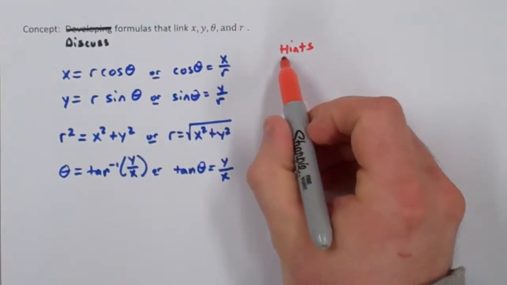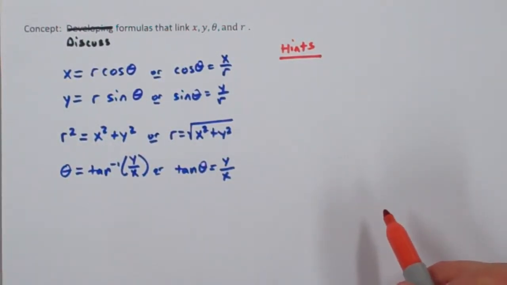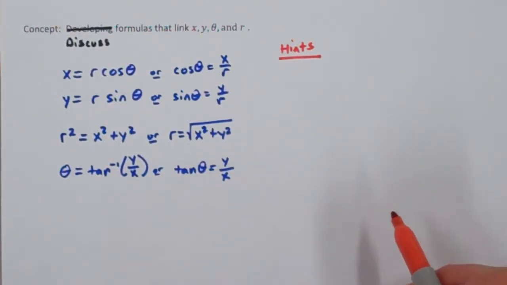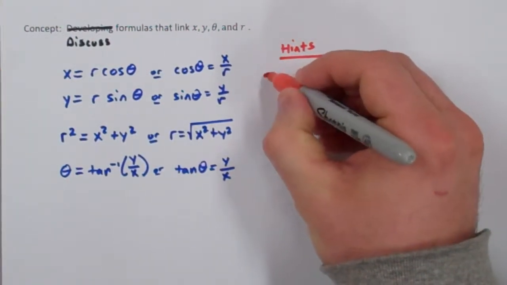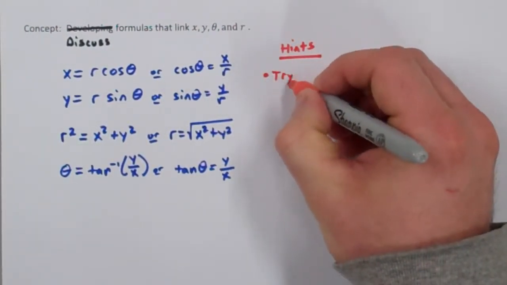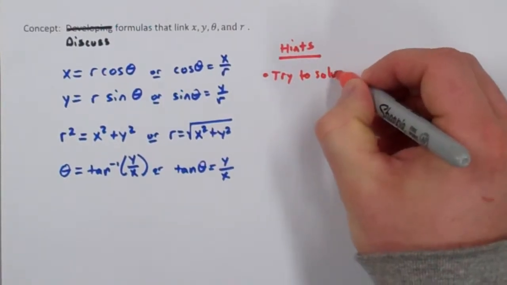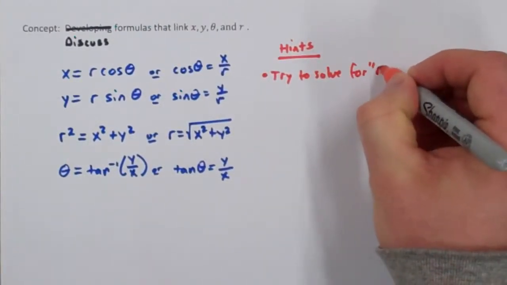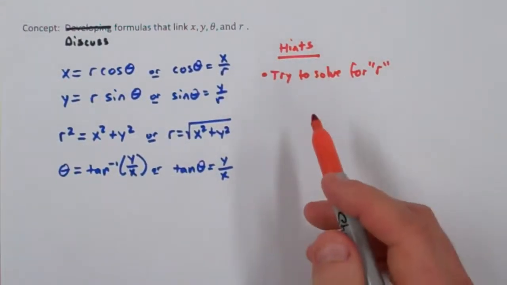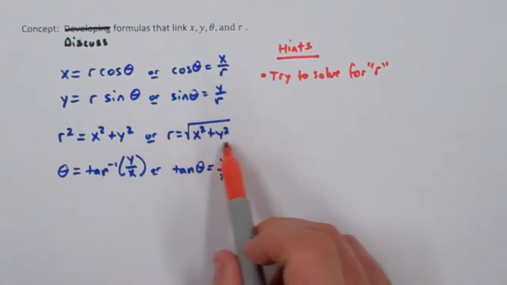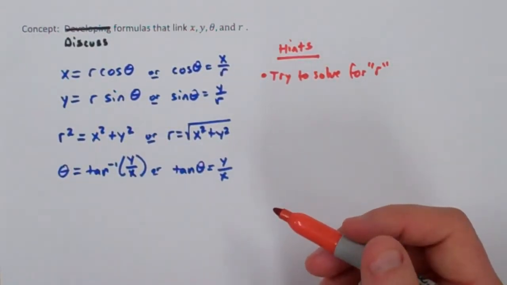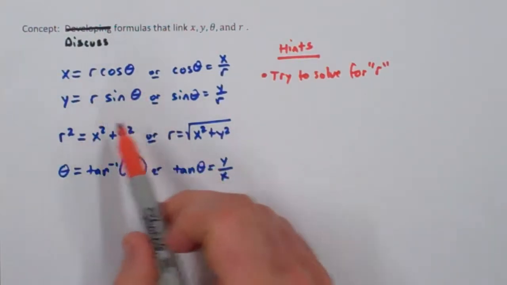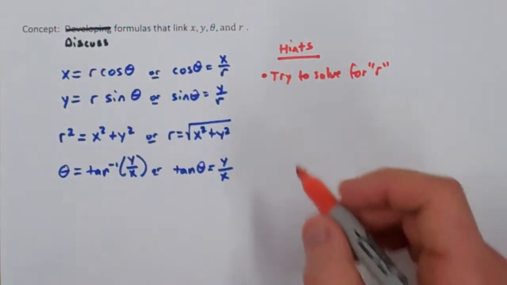Not one thing is going to work every time, so it's kind of similar to verifying trigonometric identities, if you're thinking back to an earlier time. So one of the hints is to try to solve for r. That can work sometimes. If you can solve for r, you can start replacing it with things, and you also might be able to get something like r cosine theta, r sine theta, something like that.